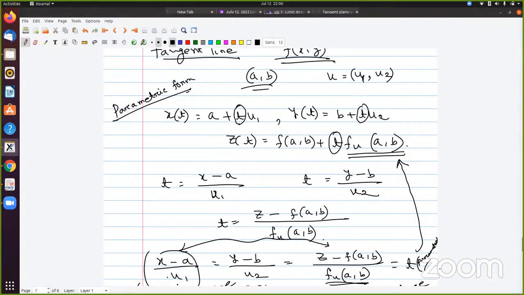So a dot u, we always mention. No, that is for the plane. When we are considering the plane, then we should multiply. That is the equation of the tangent plane. But when we are considering the equation of a tangent line, we should divide by the direction cosines, the direction we are talking about. That's why we divide. Okay.